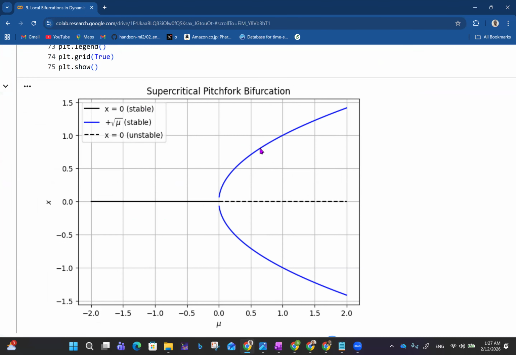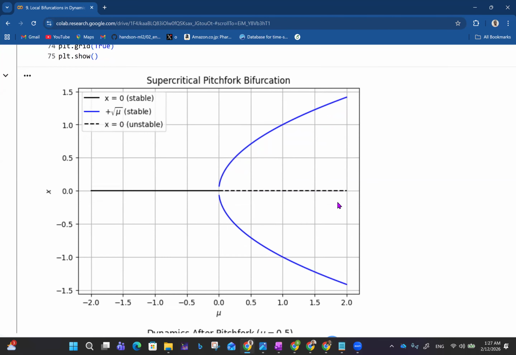So this blue wing shows stability both up and down, whereas in the middle, it is easy to be stable along x equals zero, right? Up to this point it is stable, but beyond this point it becomes unstable, like that. So that's the supercritical pitchfork bifurcation.